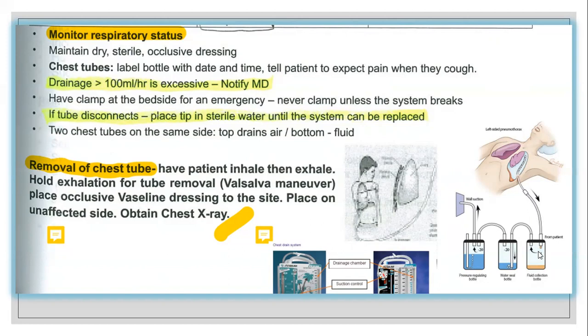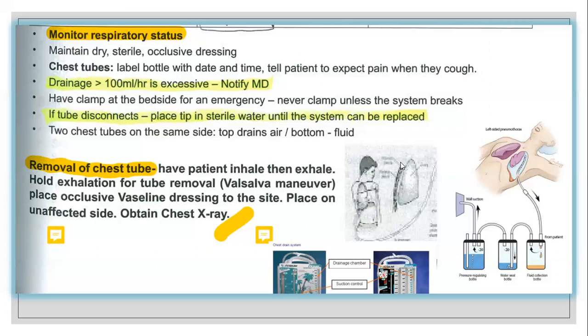Sometimes a chest tube re-expands the lungs, or we use it for hemothorax, which stands for blood in the pleural space, or pneumothorax, which stands for air in the pleural space.